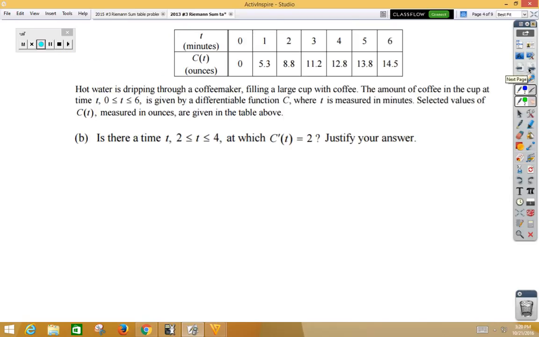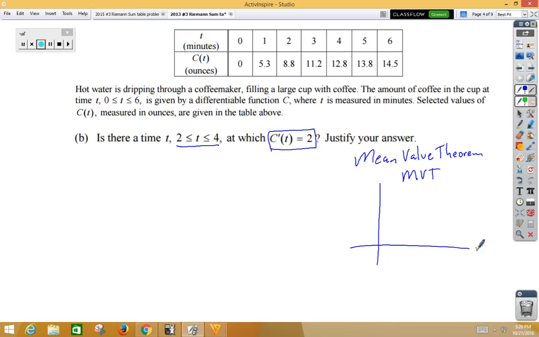Part B. Is there a time t in the interval from 2 to 4 where the derivative is 2? Well, this gets to the crux of the mean value theorem. The mean value theorem, MVT, pretty much states that if you have a smooth continuous curve f of x and you're starting at one point and going to another, then somewhere between those two values there would be a place where the tangent line slope is the same as the secant slope.